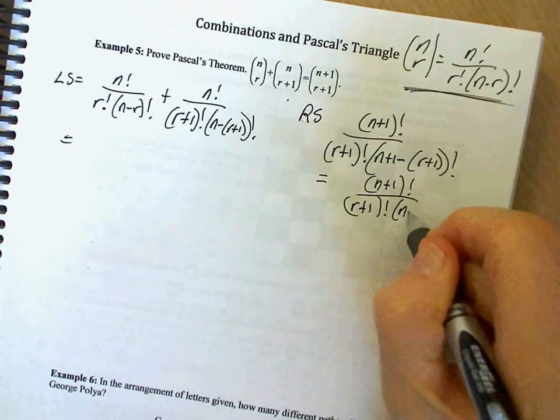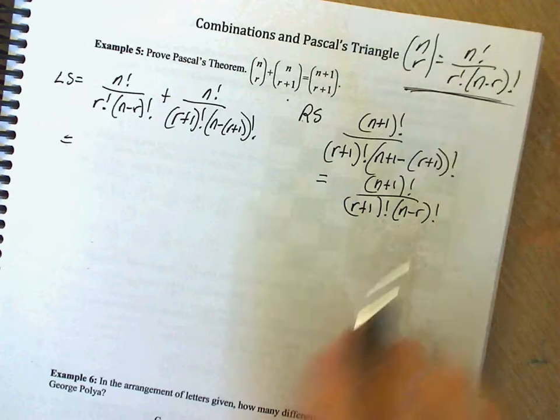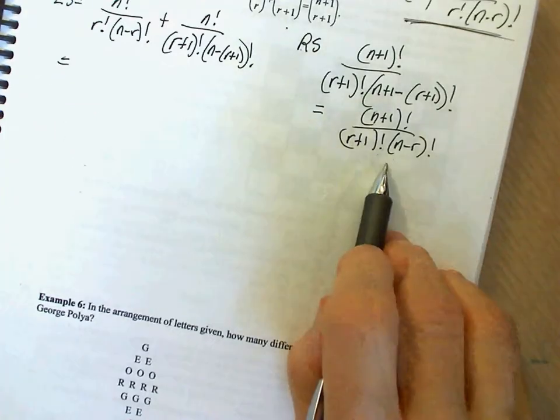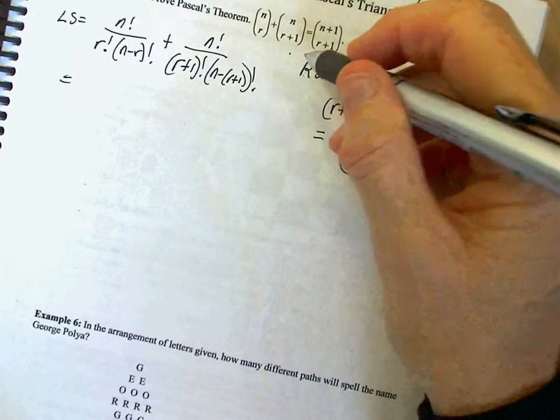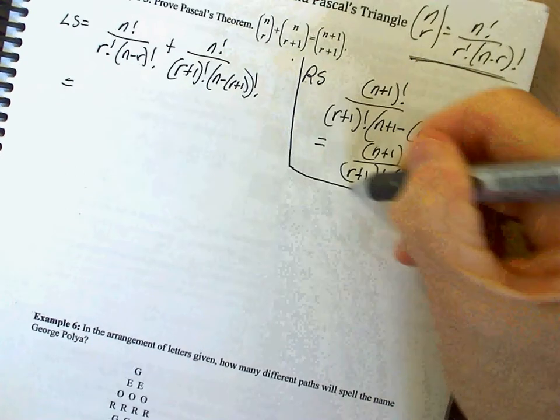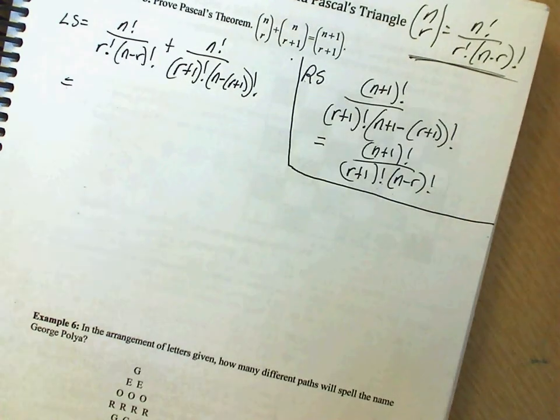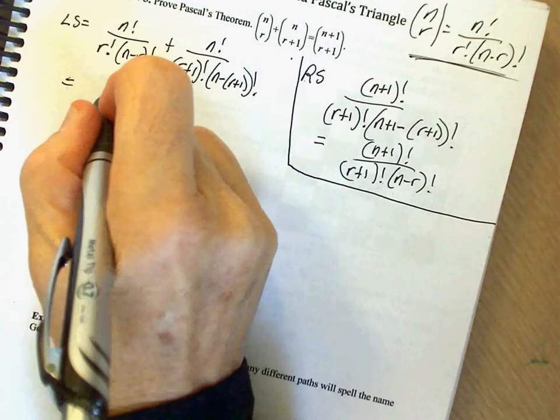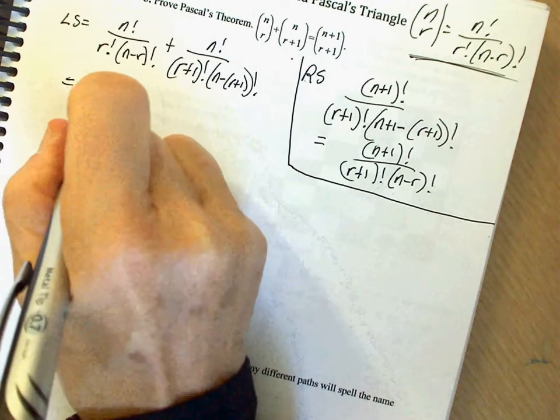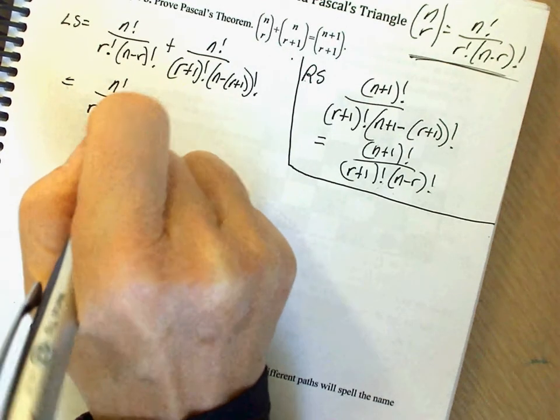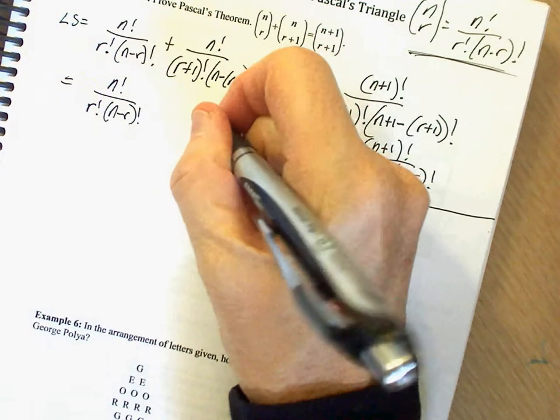So there's nothing more we can do here. So our goal is to make the left-hand side look like this. Let's simplify this guy. n factorial over r factorial n minus r. Leave a little bit of space because we're going to have to do some multiplication.